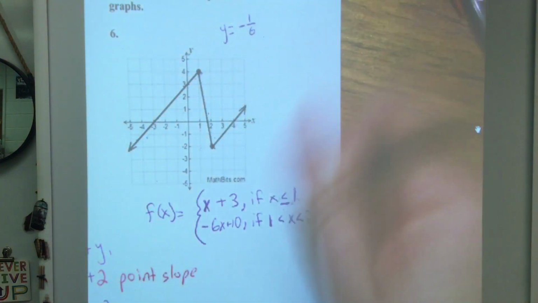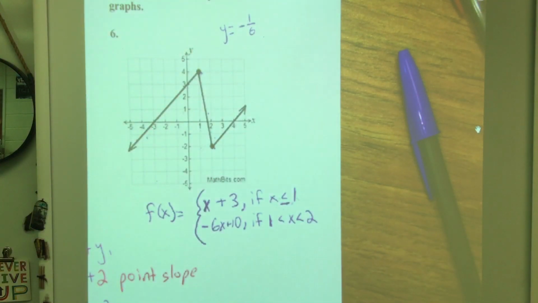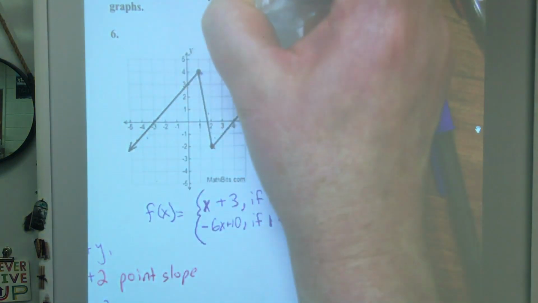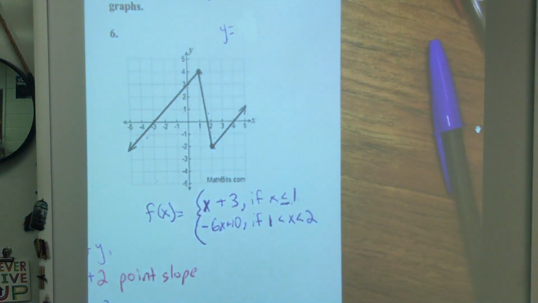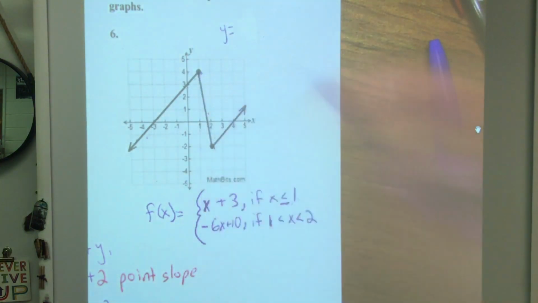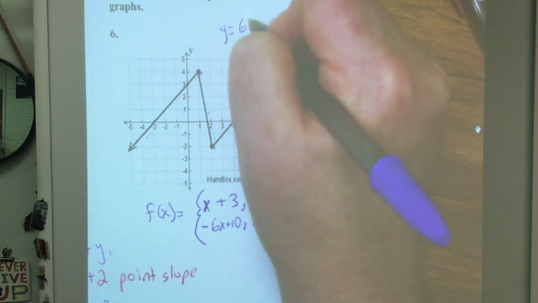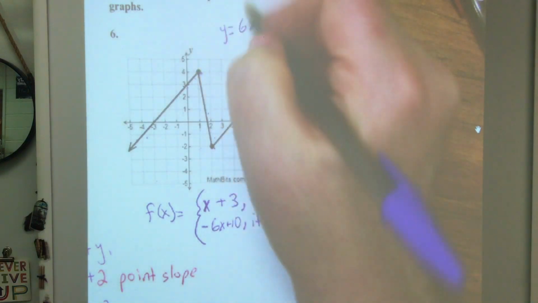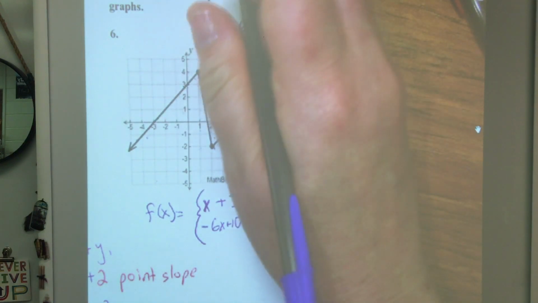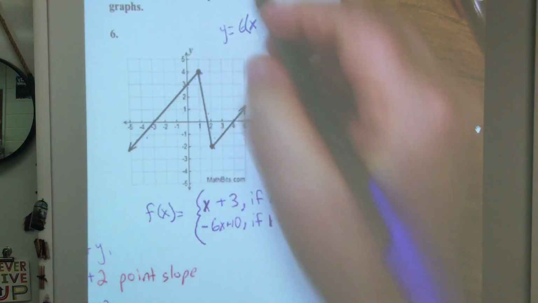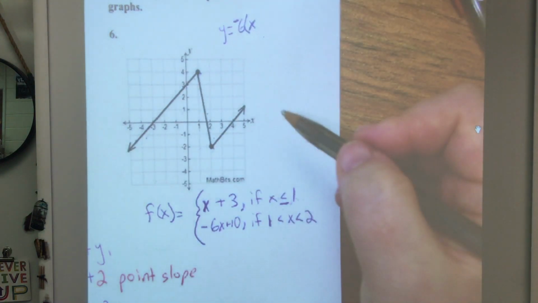Yeah, or no, 6 over 1, -6. I am so sorry. Let me fix that. Yeah, because it's rise over run, down 6 over 1. So it'd be -6 times x. Okay, I'm going to get this right.